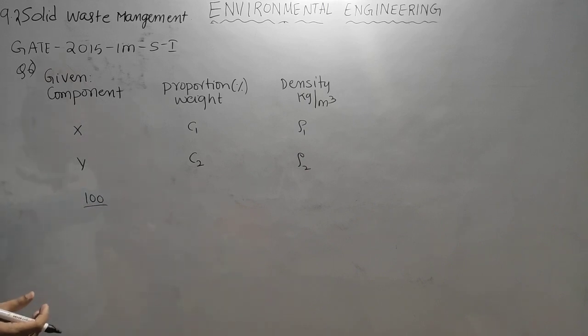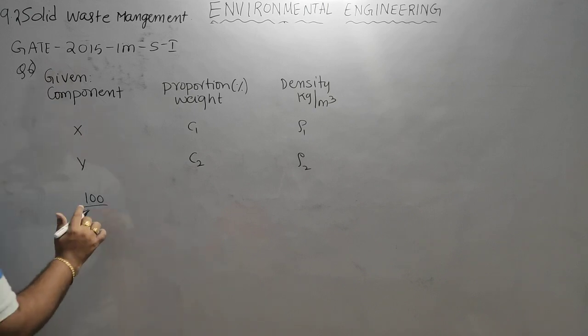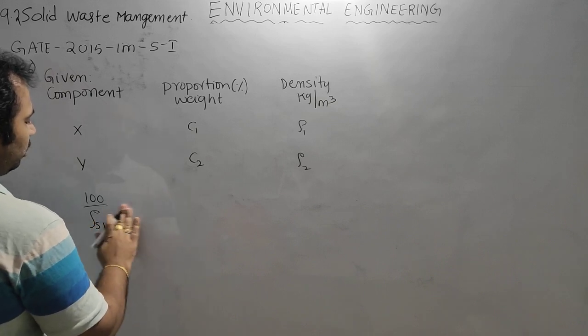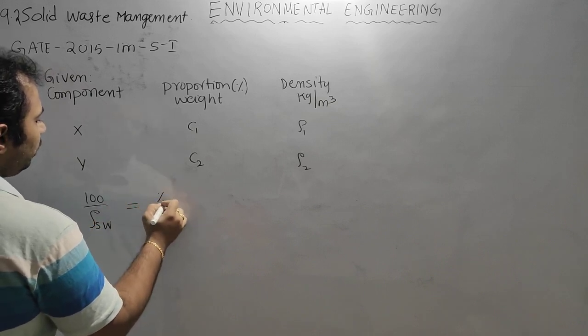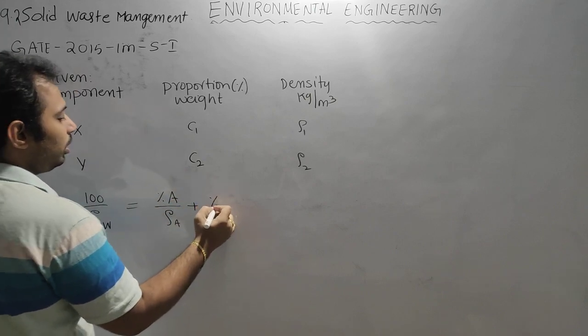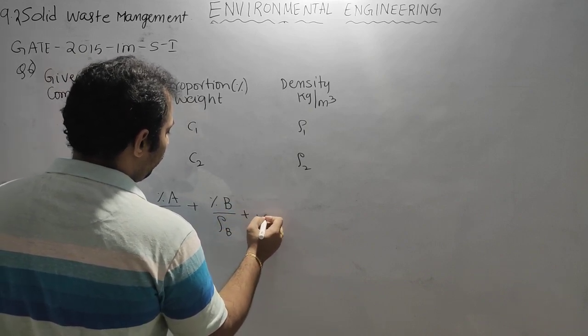What does composite mean? It is a mixture of 2 or 3 different materials. That is nothing but solid waste. So the density of the solid waste is equal to proportion of A by rho of A plus proportion of B by rho of B, and so on, like I have already told you.